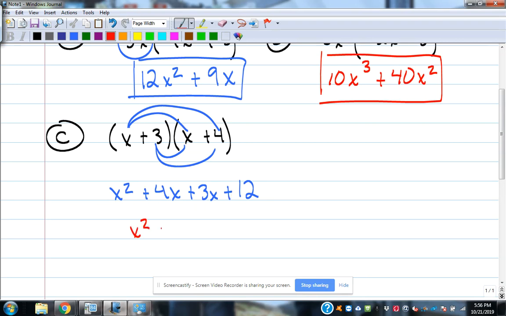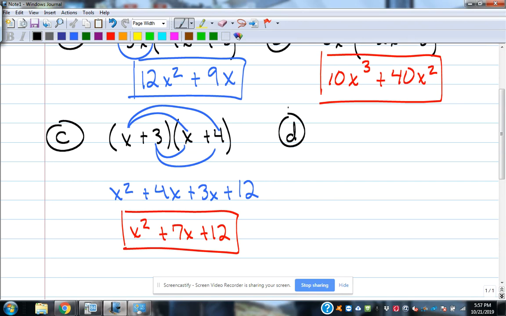So that'd be x squared plus 7x plus 12. That really is the FOIL method. It's exactly the same thing, the distributive property in the same order. I just don't ever call it FOIL because FOIL only works when it's a binomial times a binomial, and so I just call it the distributive property.